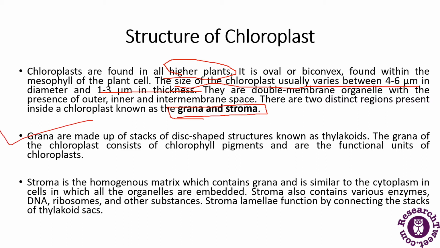Grana are made up of stacks of disc-shaped structures known as thylakoids. The grana consist of chlorophyll pigments and are the functional units of the chloroplast. The stroma is a homogeneous matrix, similar to the cytoplasm in cells, in which all the organelles are embedded.